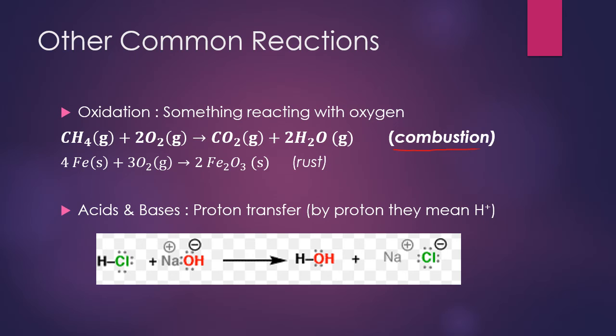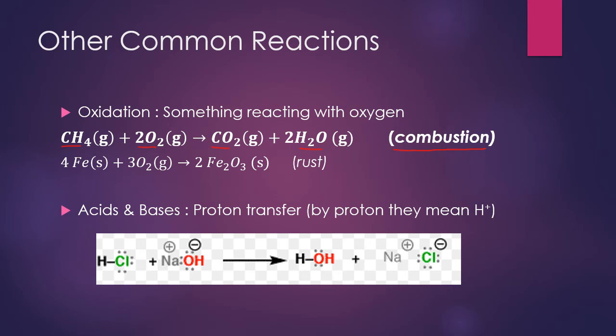A combustion reaction is when we have a hydrocarbon, a compound with just carbon and hydrogen present, reacting with oxygen to form carbon dioxide and water. What's special about this type of reaction is you're always going to have a hydrocarbon mixing with oxygen. Those are always going to be your reactants. So oxygen will always be one of your reactants. And your products are always going to be carbon dioxide and water.